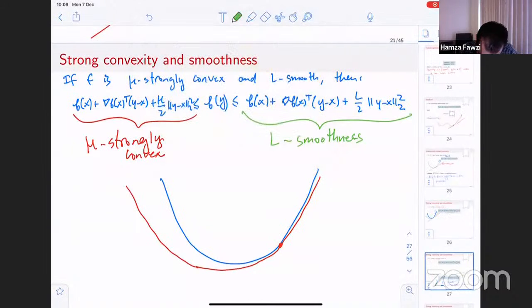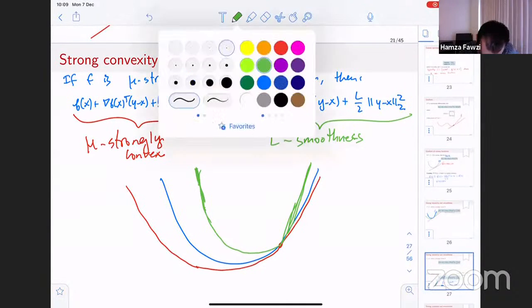Sorry, this is a bit difficult to draw, but I have another, a quadratic upper bound on my function. And just to make sure, this is my function.